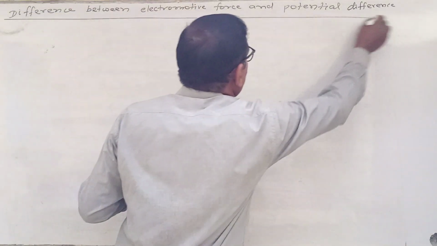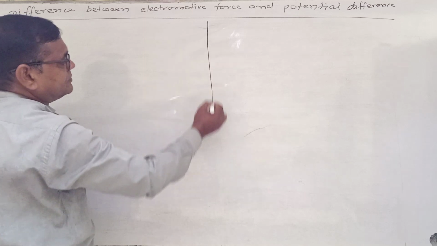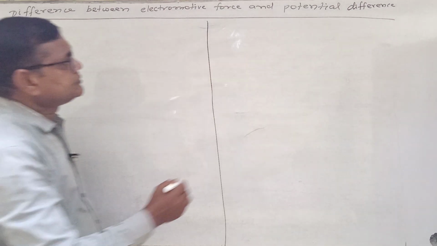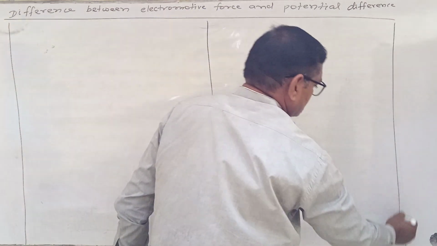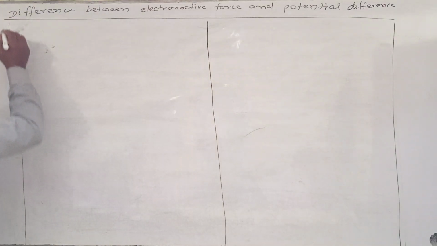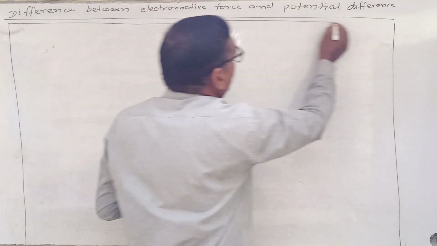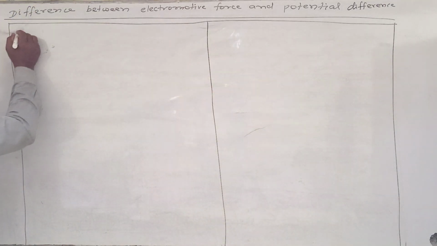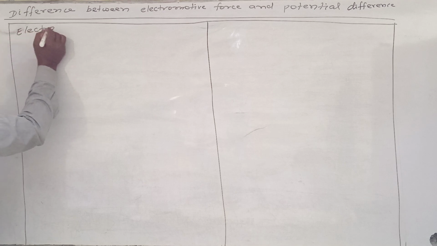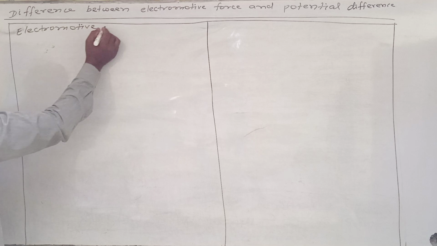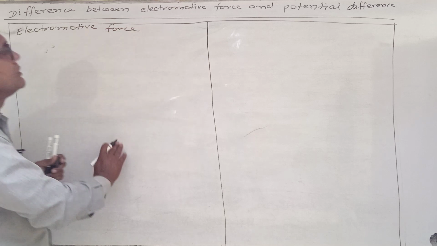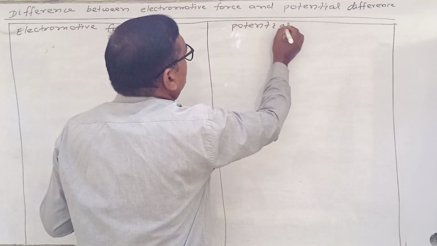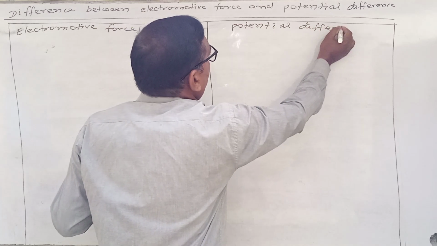It is a heading. We draw a table. Here we write electromotive force. Here we write potential difference.